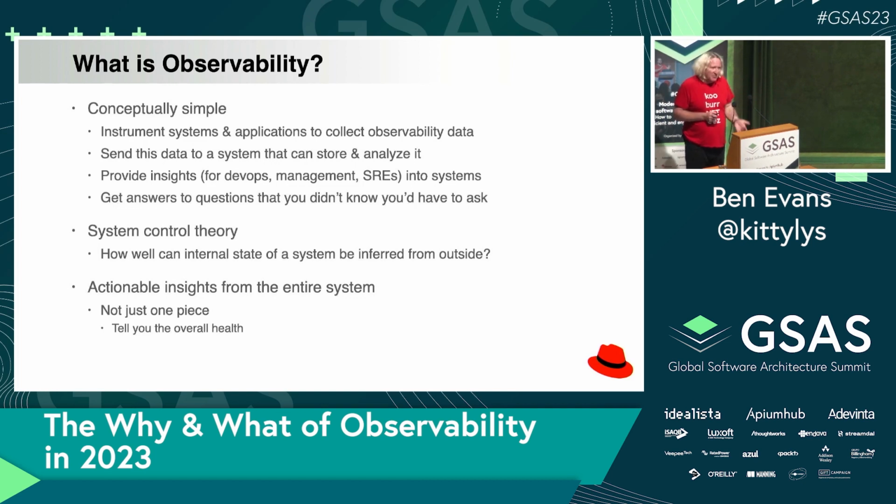The system that you send the observability data into must be separate from your production system. Why? Because when your production system is broken, you need the observability data to analyze it. And how are you going to get to the observability data which is stored in your production system to fix the production system when the production system is broken? Fairly basic point. You need to exfiltrate that data and put it somewhere else.